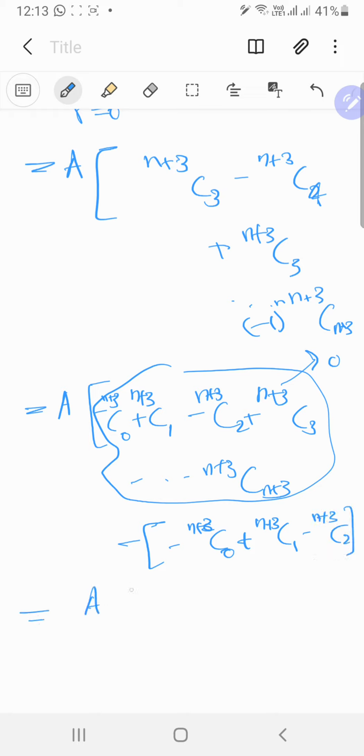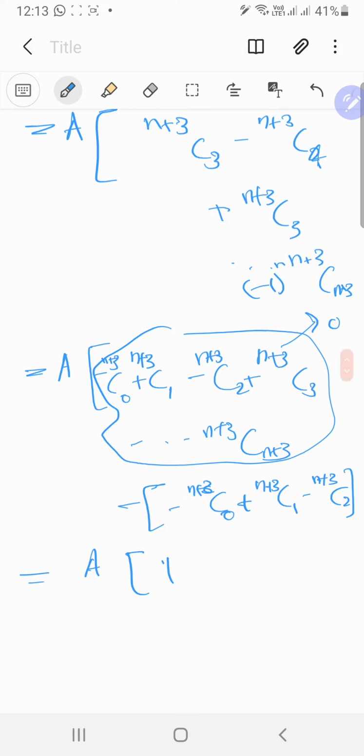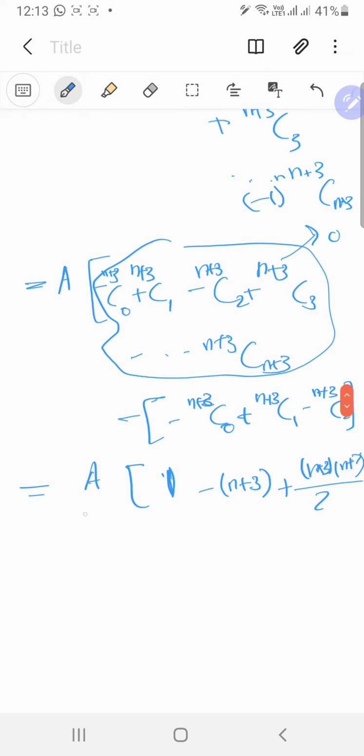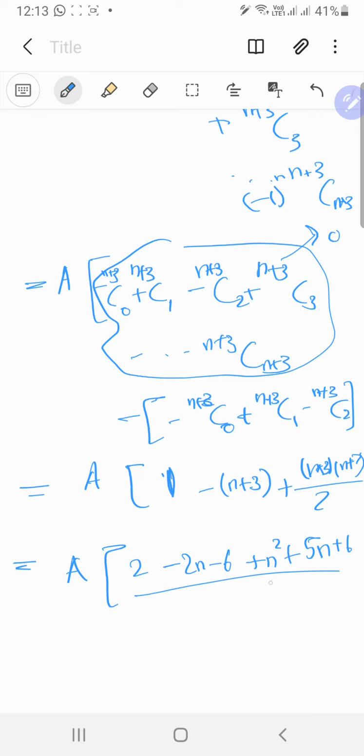So this is going to be a into n+3C0, that's just 1, n+3C1, that's minus n+3, and then positive n+3 into n+2 upon 2 factorial, which is just 2. So this is going to be equal to a into 2 minus 2n minus 6 plus n squared plus 5n plus 6, upon 2.